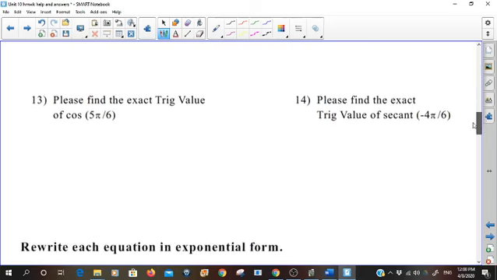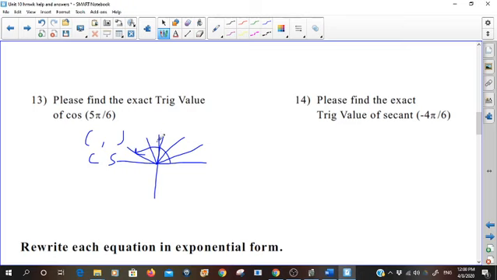When you get to these ones, this was just a review of doing the unit circle. Do you remember this? 1 pi over 6, 2 pi over 6, 3 pi over 6, 4 pi over 6, 5 pi over 6. Oh, here's 5 pi over 6 right there. What's the exact trig value of cosine? Well, do you remember it goes cosine and then sine? And so cosine of 5 pi over 6 is, remember this distance?